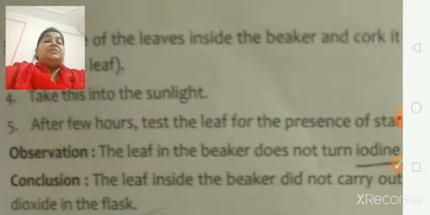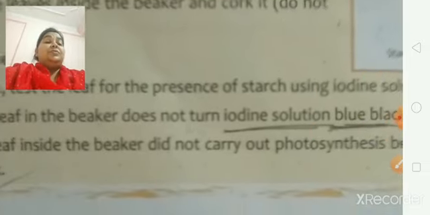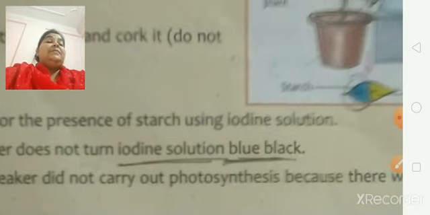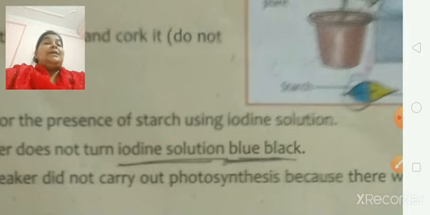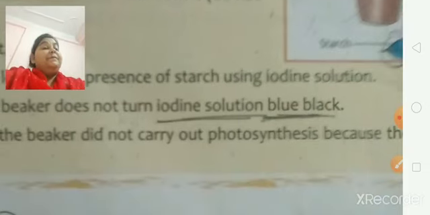After a few hours, when you test for the presence of starch using iodine solution, you will see that the part of the leaf which is present in the outside environment will turn blue black. That means the carbon dioxide was present there. The half of the leaf inside the beaker has no carbon dioxide, so there is no starch and no photosynthesis going on, and the part which turns blue black means photosynthesis was done.